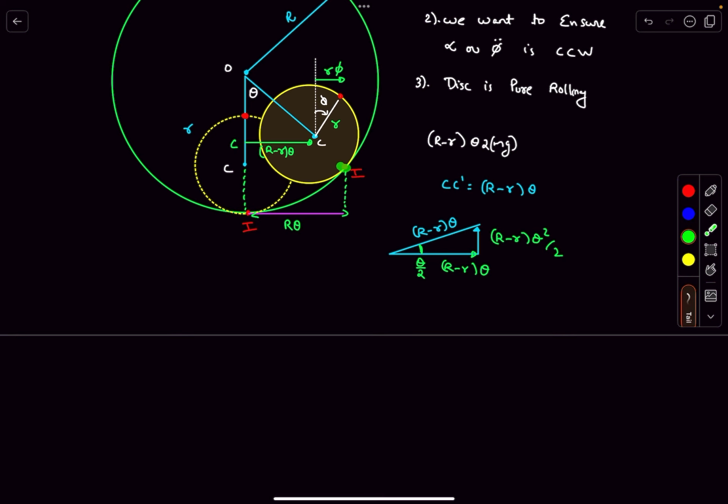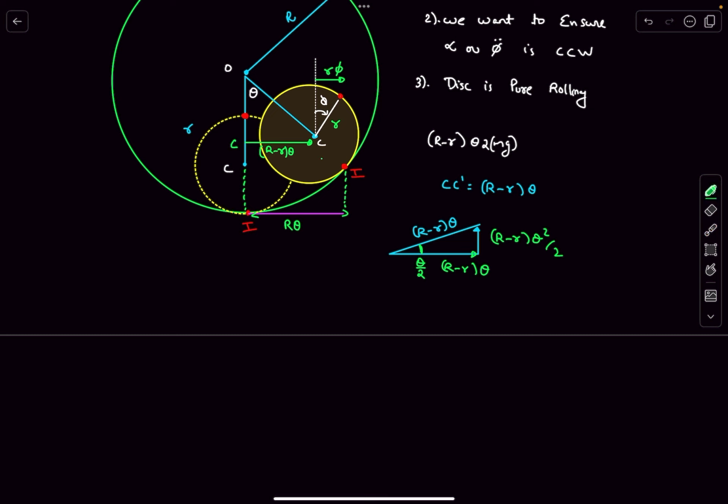Once again, with respect to I, we want the angular acceleration to be counterclockwise. If you observe, this distance CC dash is capital R minus small r theta, and this distance II dash is capital R theta, which means this extra horizontal distance between C and I is actually small r times theta, right?